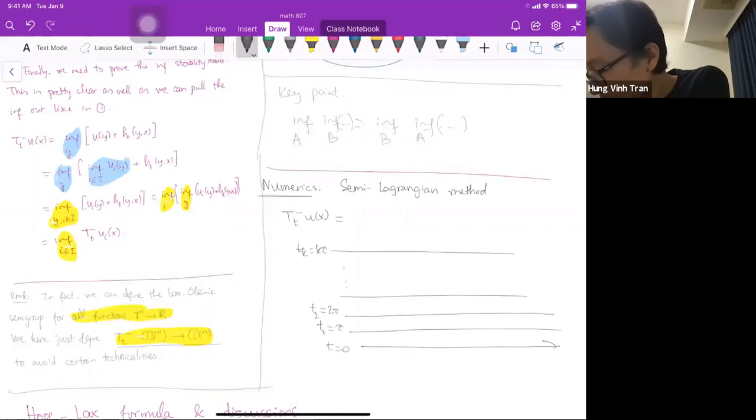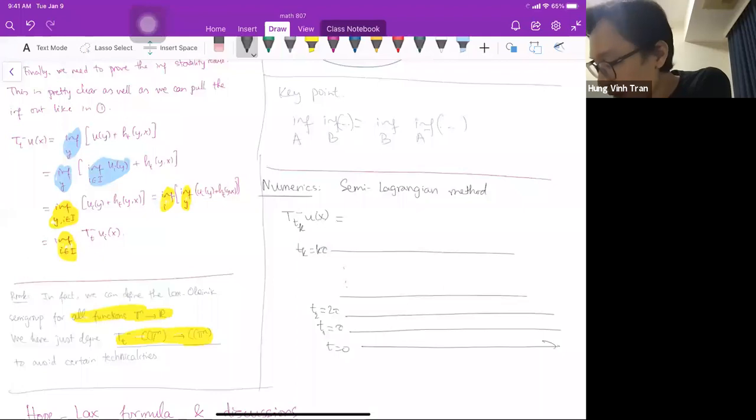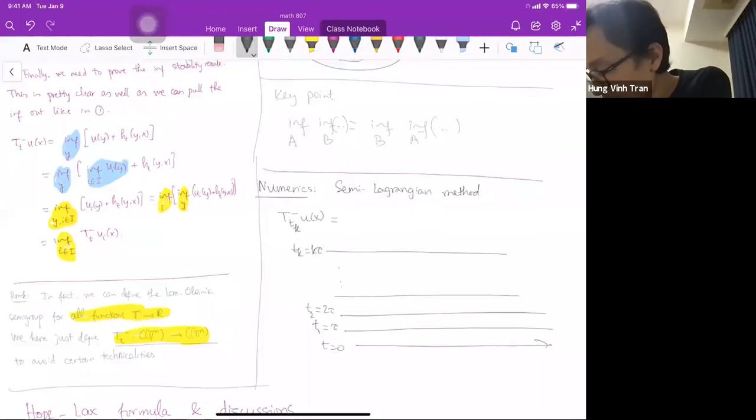So they try to compute up to the time step T_K, then they use exactly the formula that you have.